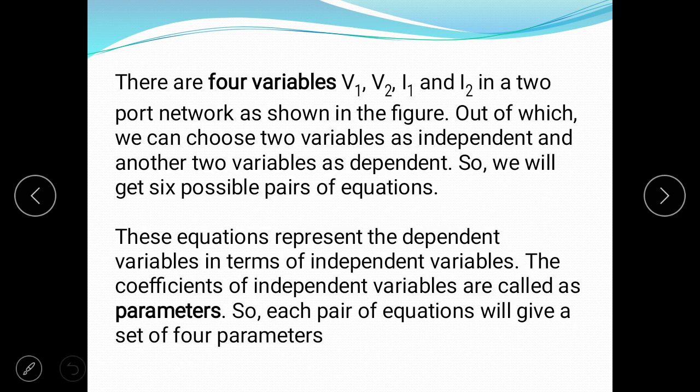So there are four variables V1, V2, I1 and I2 in a two-port network as shown in the figure, out of which we can choose two variables as independent and the other two as dependent variables. So we will get six possible pairs of equations.